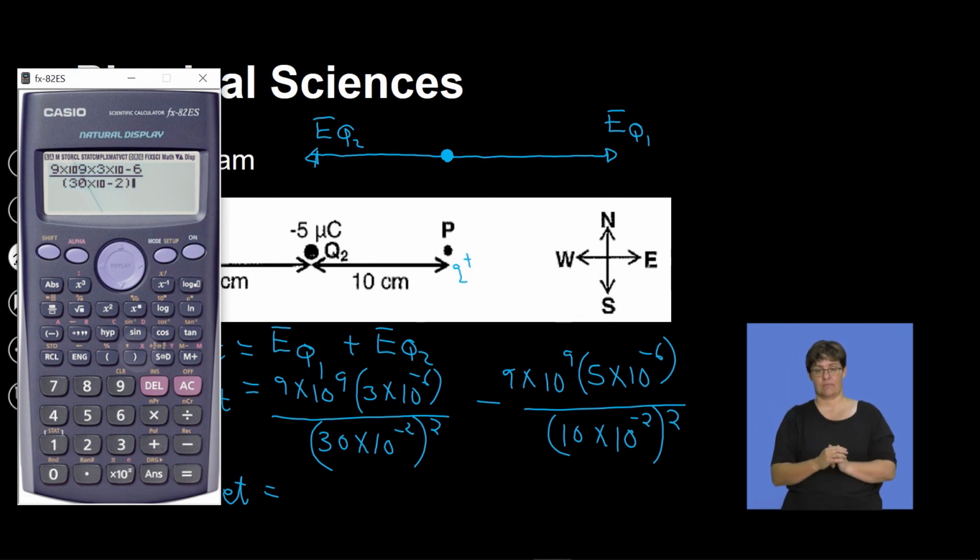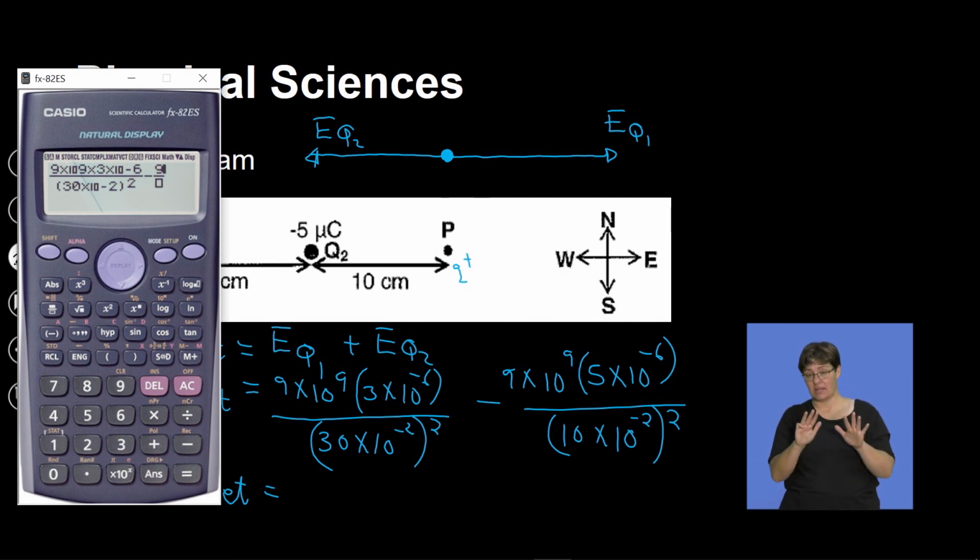We'll square that as well. Minus is to say E due to Q2 is in the opposite direction of E due to Q1. Remember, net takes into account the direction because these essentially are vectors.